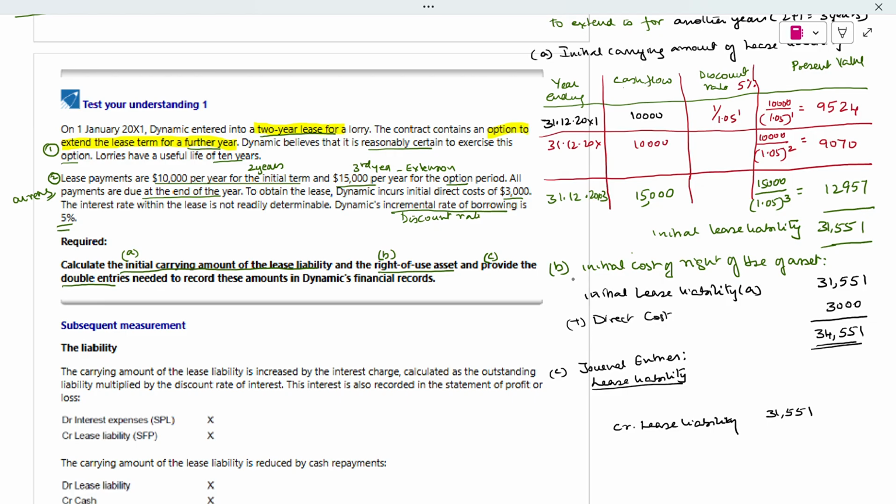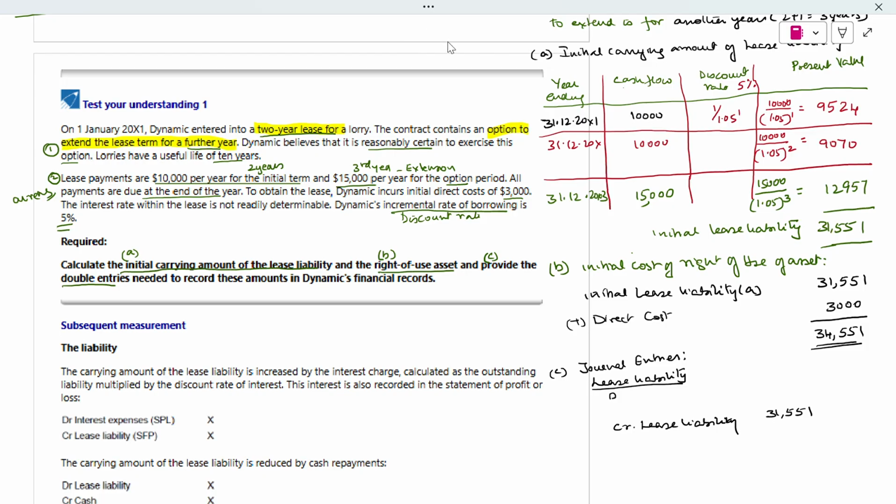How much is the right of use of asset? Is it right? Lease liability is this much. One minute. Can we do this like this? No. Debit will be the right of use of asset, okay? Lease liability is how much? 31,551.